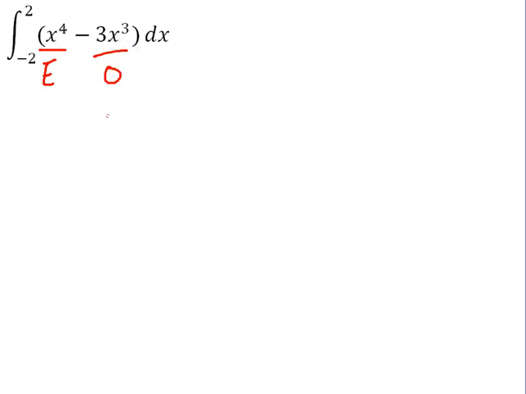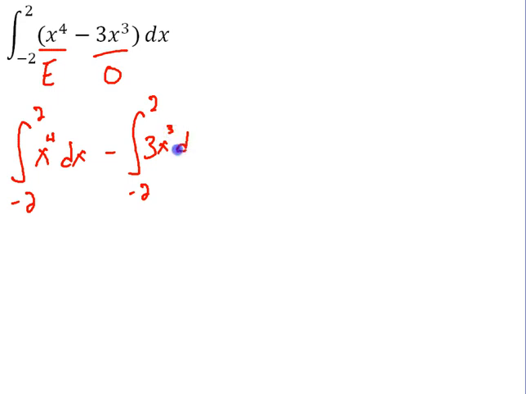By the linearity of integrals, we can split this into two integrals: the integral from negative 2 to 2 of x to the fourth dx, minus the integral from negative 2 to 2 of 3x cubed dx.